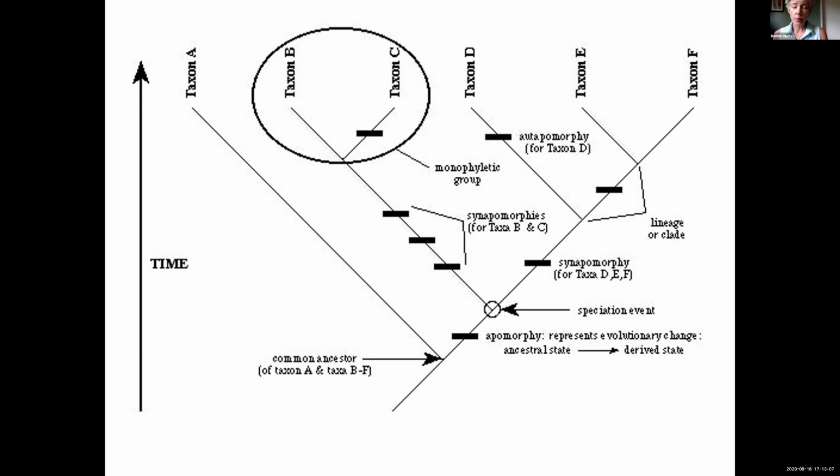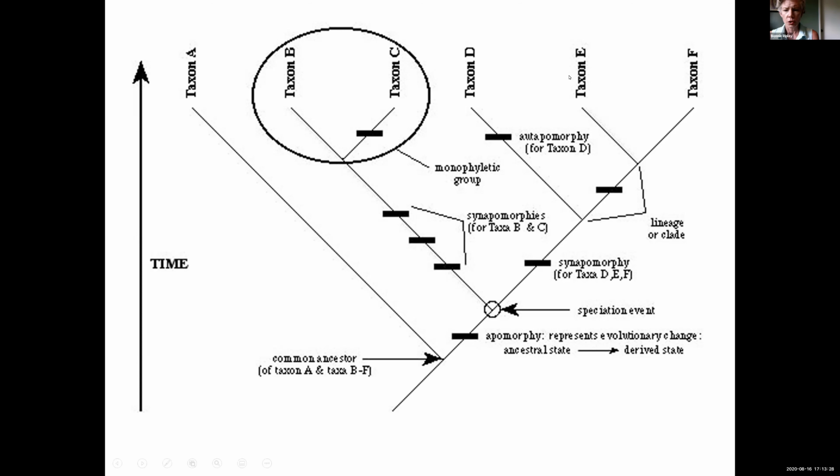So there's a lot of vocabulary here, and it's really important to be able to determine the differences between what these tree diagrams are showing and what these relationships mean. So suppose we looked at taxon E there.